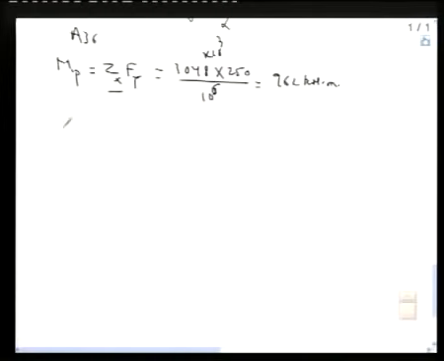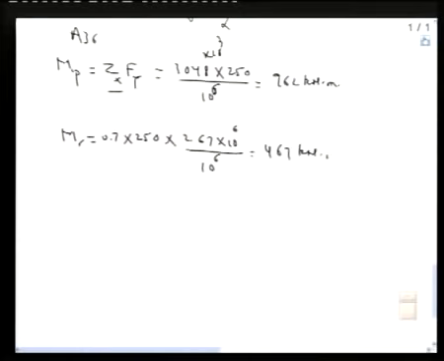Concerning Mr, it is 0.7 Fy, which is 250, multiplied by Sx, which you will find to be 2.67 into 10 to the power 6, divided by 10 to the power 6. To change it into kilonewton meter, it will be 467 kilonewton meter.